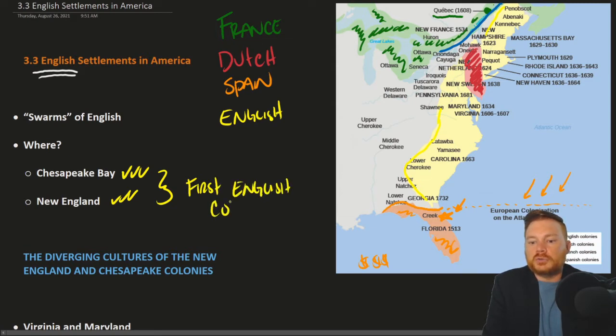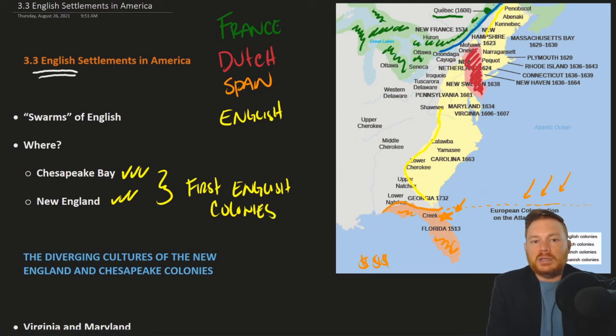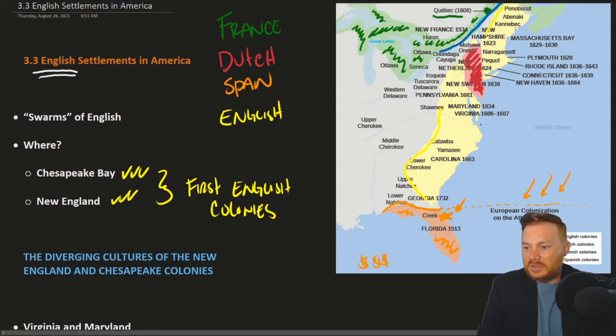They'll go on to create more, but we're going to focus on the earliest ones. Let's point out where that is. So the Chesapeake Bay is this body of water right in here. And New England, generally speaking, is this area right up here by Massachusetts. You could see Plymouth, the Massachusetts Bay. That's where the New England colonies are located.